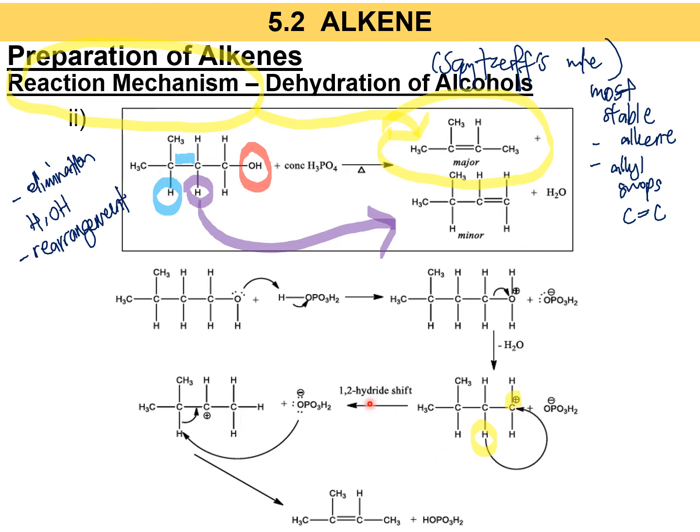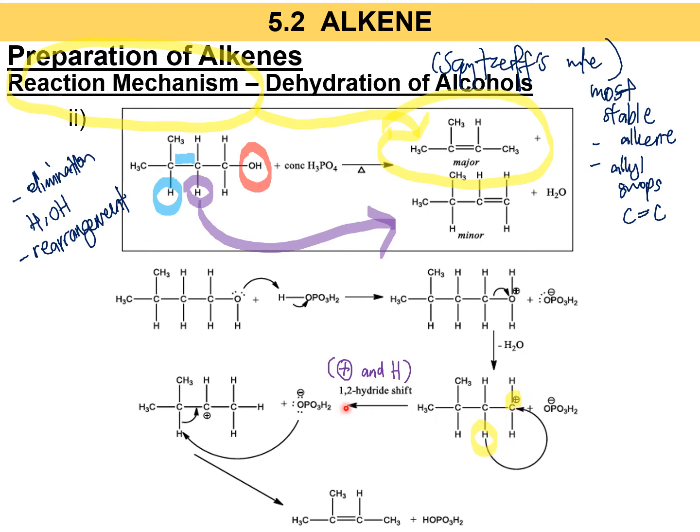Understand? That is why it is called a 1,2 hydride shift. When we swap the positions of the cation plus sign and the hydrogen on the neighbor. Okay?